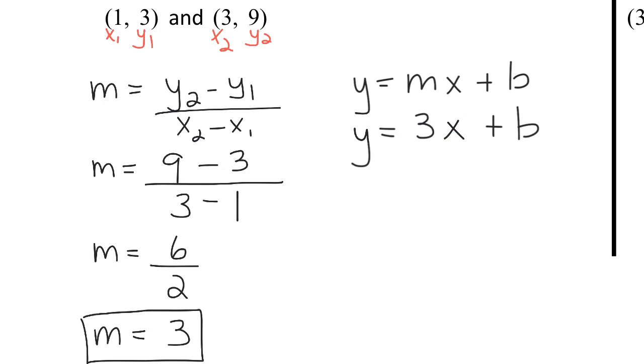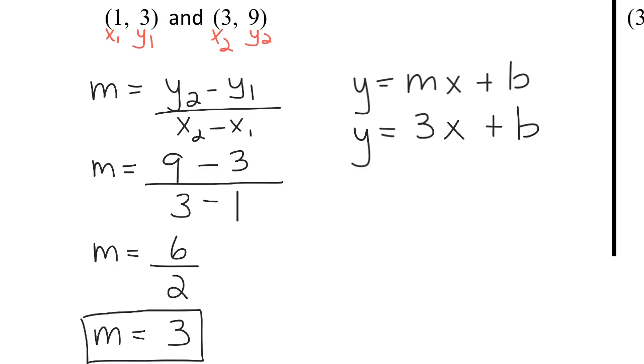Now, I've got a nice variety to choose from because I have 2 points that were given to me in the question. So really, it's your choice. You could choose the first data point, (1, 3), or if you like the second one better, you could choose the second data point, (3, 9). It doesn't matter which one you choose, you should still come up with the same answer for b once you do all of your solving. So I'm just going to pick the first point.